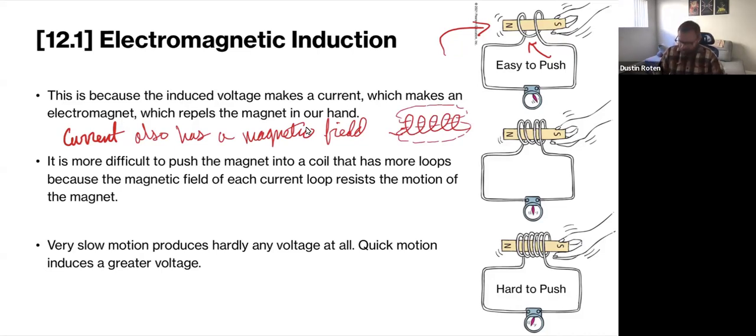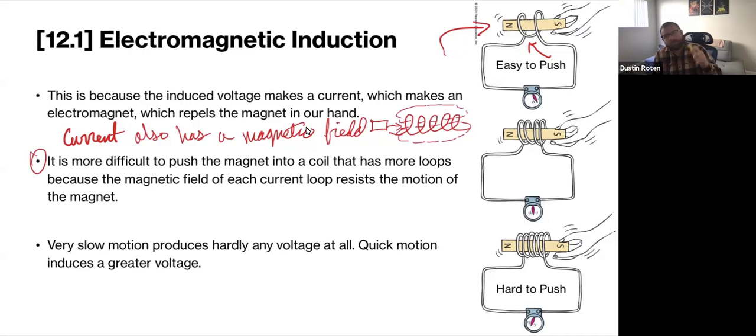So there's the problem, because you also have the magnetic field of the magnet itself going into the coil. So it is more difficult to push a magnet into a coil that has more loops, because the magnetic field of each loop resists the motion of the magnet. So that's something you have to overcome.